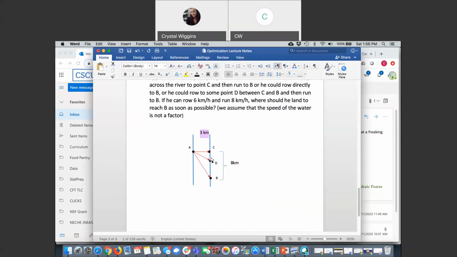Maybe there's an optimal point between. So we're going to label the distance between C and D to be distance x, because again, we don't know how far from C D is, if we even need to consider stopping rowing at some point down the river and then running the rest of the way.